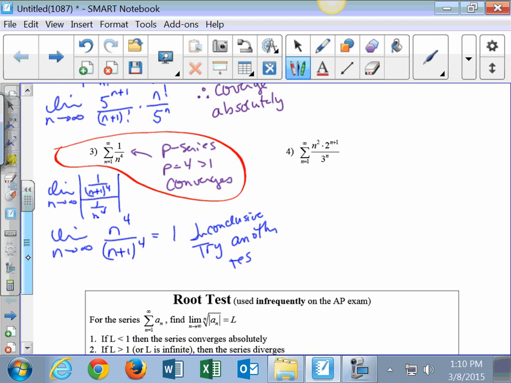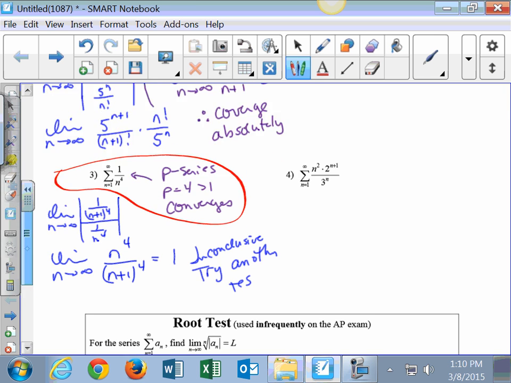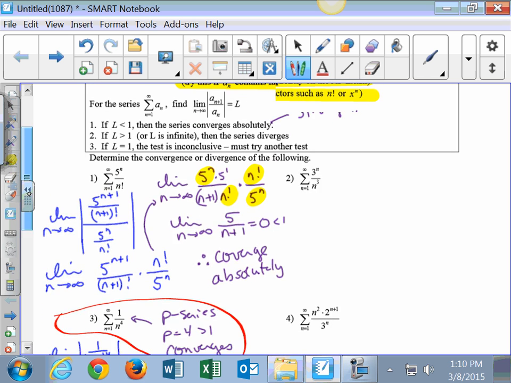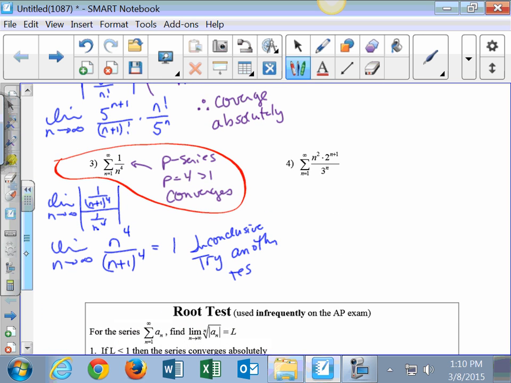Let's try number 4. I'm looking at that and I see that I have a 3 to the n there. So I am going to again try my ratio test.